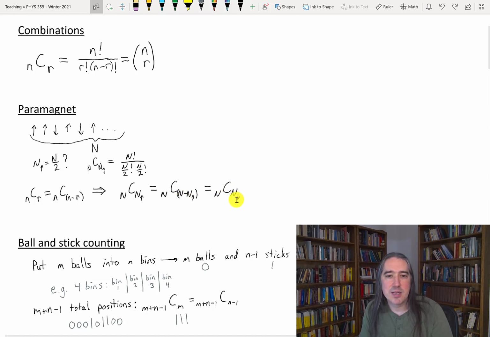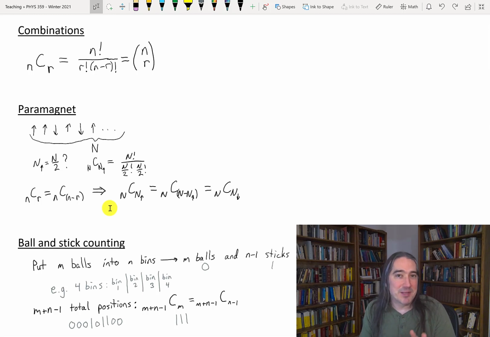So it's n choose n down. Physically, this should be the case. If I ask how many states I have with n up spins pointing up, it had better be the same as the number of ways I can have n down spins pointing down. And that's the case, so the math just makes sense there.